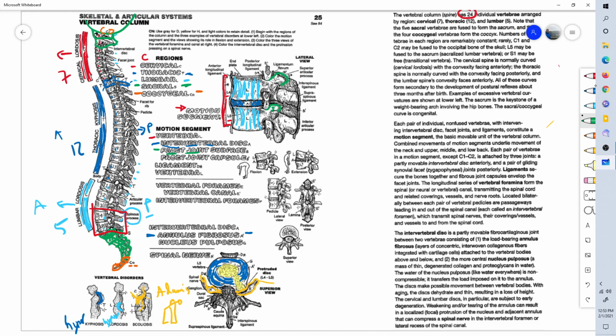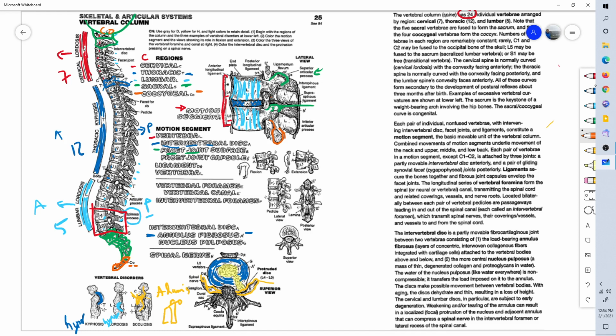But there is also an inferior facet joint. Actually, this is the superior articular process here, here and here. And what it does is it meets with the inferior articular process here. It's on the bottom of the vertebra, has an inferior articular process.